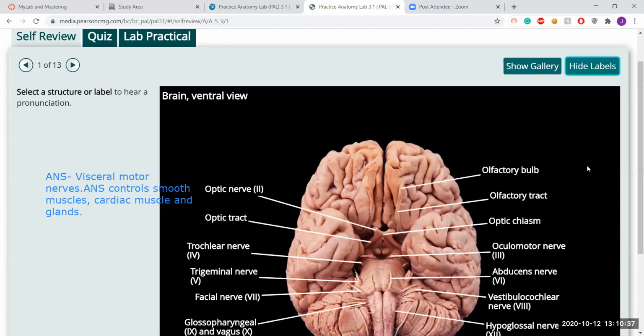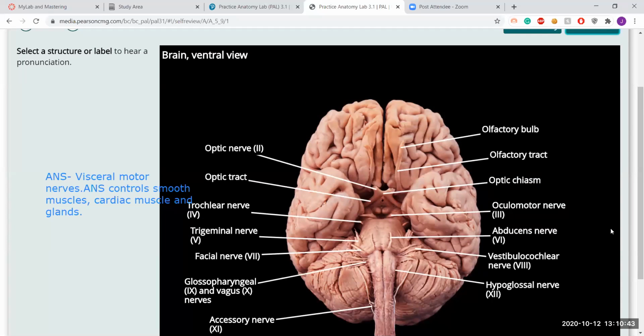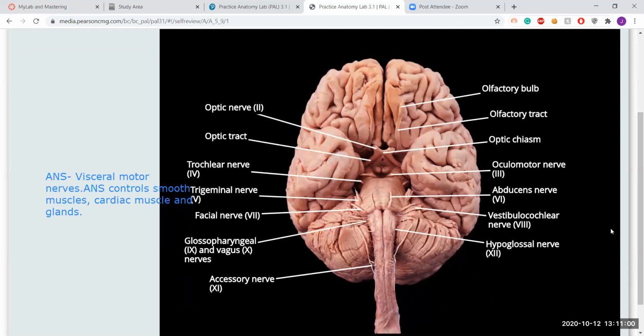So let's put the labels here and go over it. Glossopharyngeal and vagus are together.